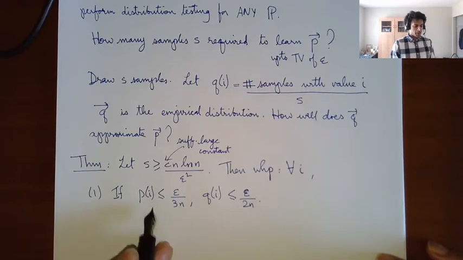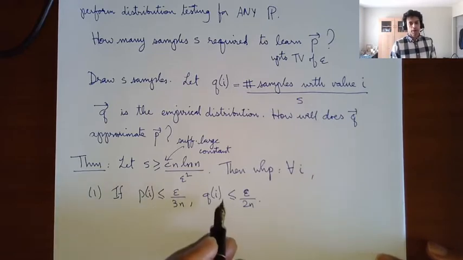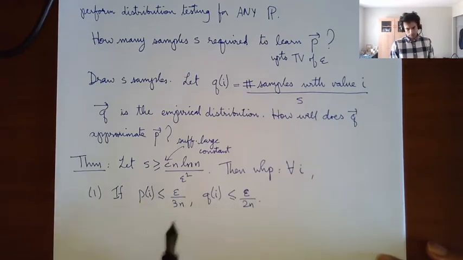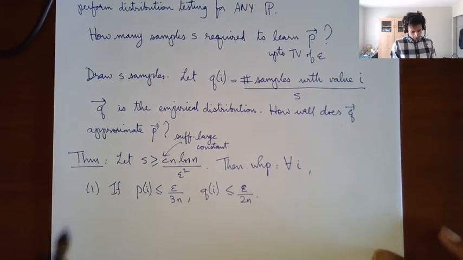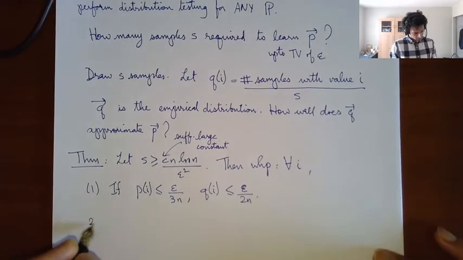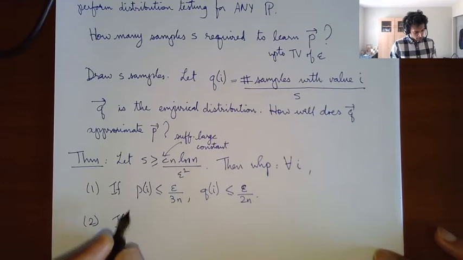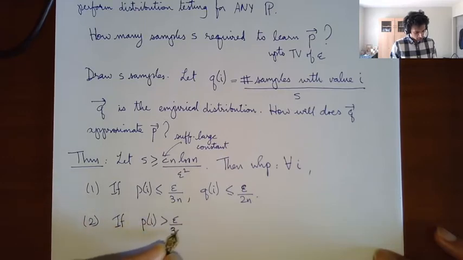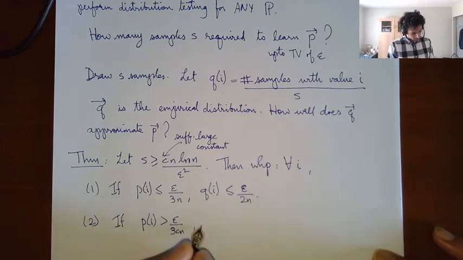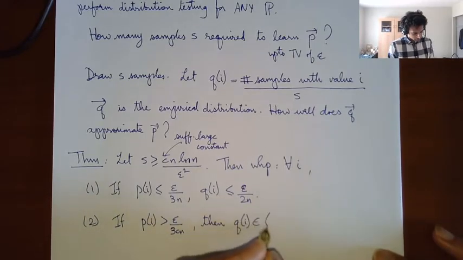So if P of i is small, then my estimate Q of i will be small, but I'm going to be potentially off by some constant. And the second is to say, well, if P of i is greater than epsilon divided by 3n, then Q of i is going to be a good approximation of P of i.